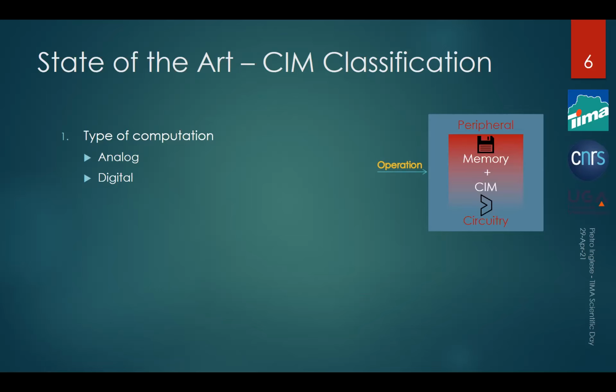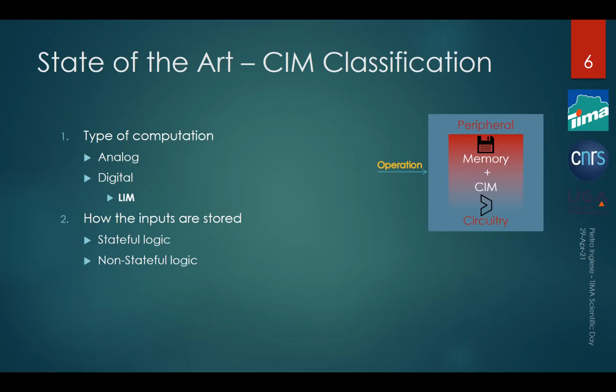Another classification to a sub-level: what I'm focusing on mostly is the logic in memory, that is a subset that is basically the digital kind of computation. So I will leave the analog computing aside. I will not talk about it. On another subset of the classification, we can see where the inputs are stored to perform the computing.